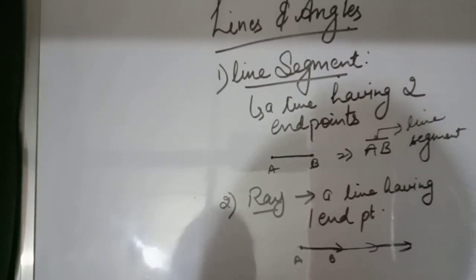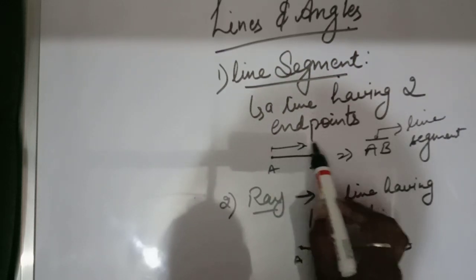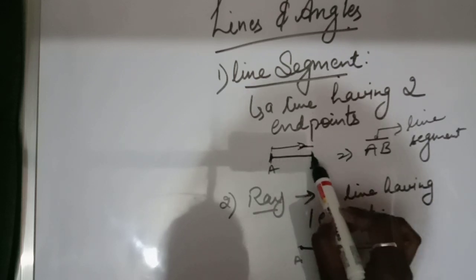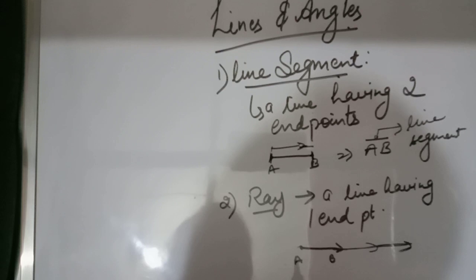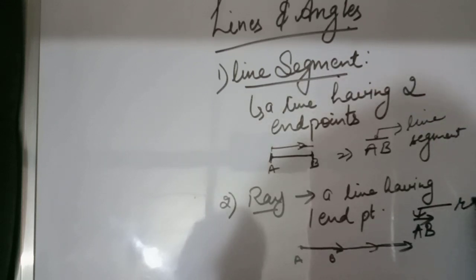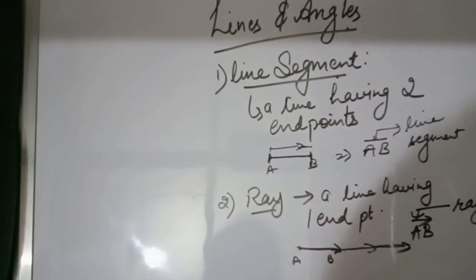Okay? And in a line segment, we cannot extend it to any points because it has two endpoints. These are its endpoints which can't be extended. But in a ray, we can extend it from the other end. Okay? And it is written as AB with an arrow. This represents a ray. Okay?